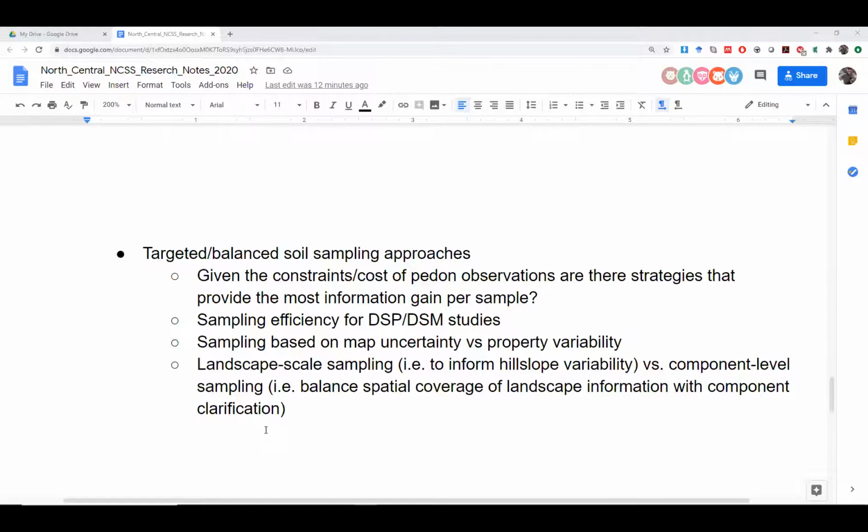And then again, we had a discussion on landscape scale sampling and component versus component level sampling, and thinking about the ways that our sampling methodologies could bias or inform the types of knowledge we can gain in terms of some of the previous questions related to scaling and dynamic soil property validation.